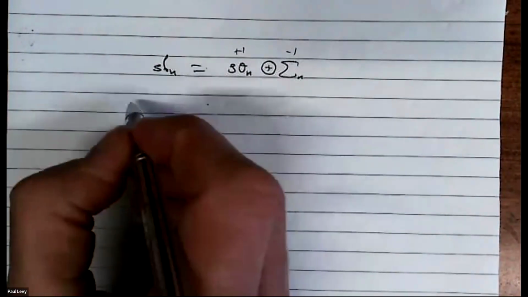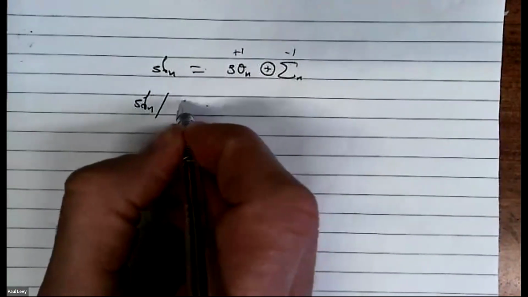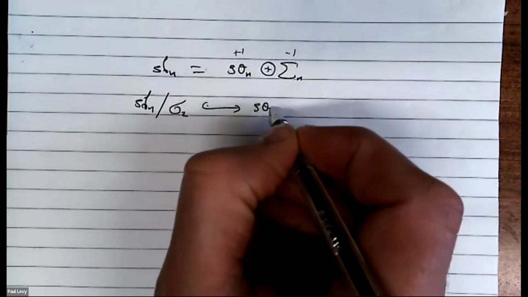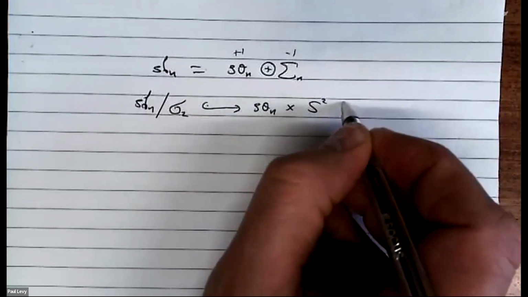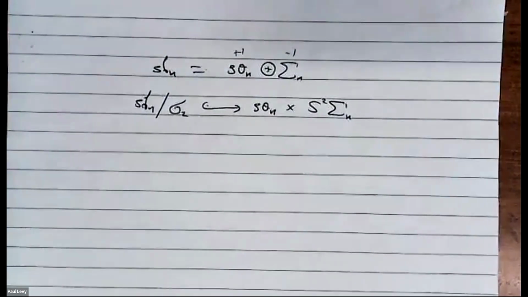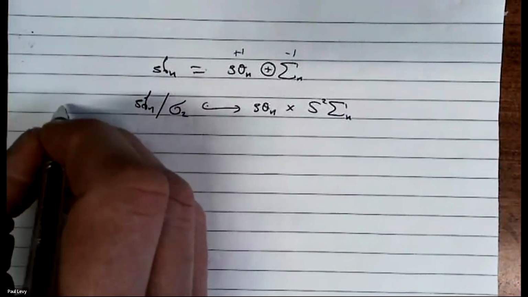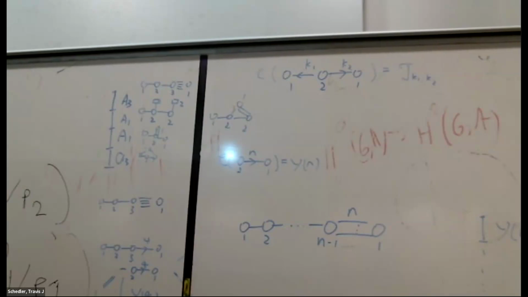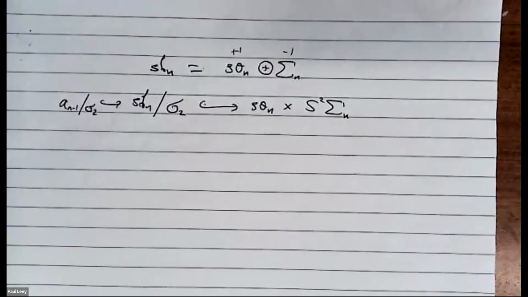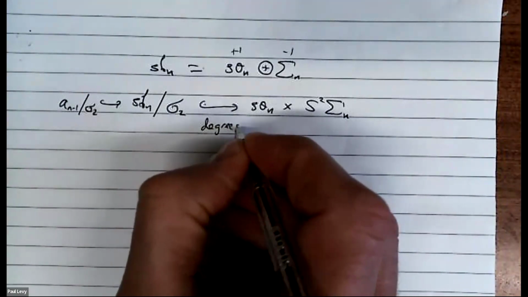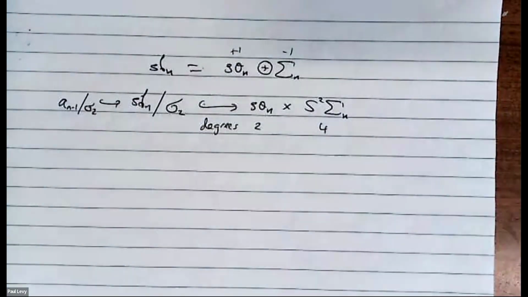And this means that SLN over S2 embeds into SON cross S2 of this space. And so the same thing is true of AN -1 over S2. It fits in there. And the degrees 2 and 4.